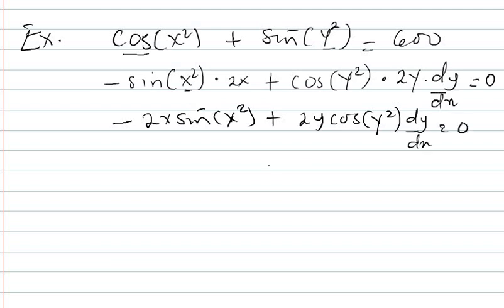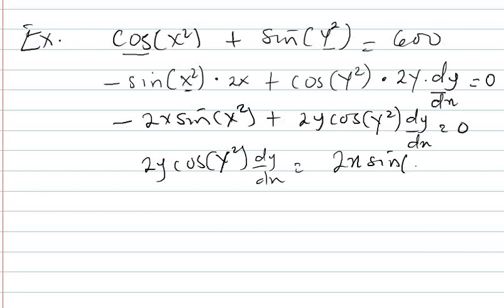From here we have to make dy/dx the subject, so we shift this one to the other side. Then we'll have 2y cos(y squared) dy/dx is equal to 2x sin(x squared).